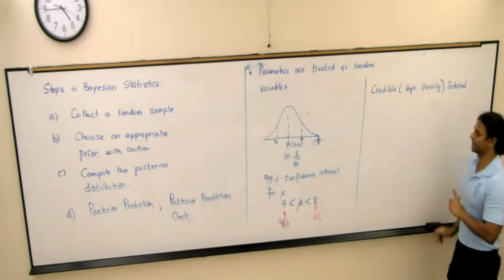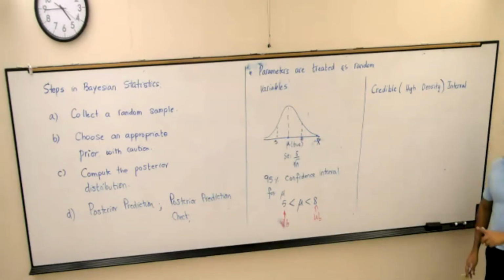In Bayesian interpretation, the lower and upper bounds are not fixed, they are random.